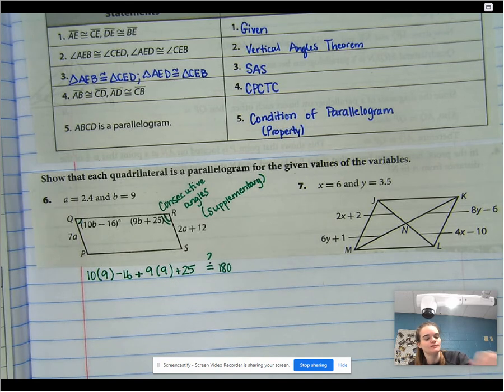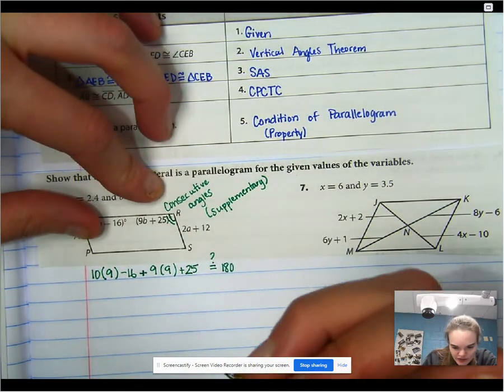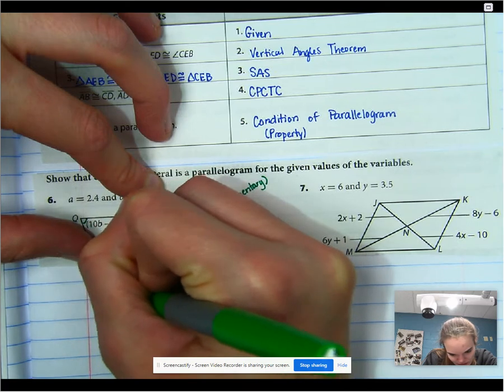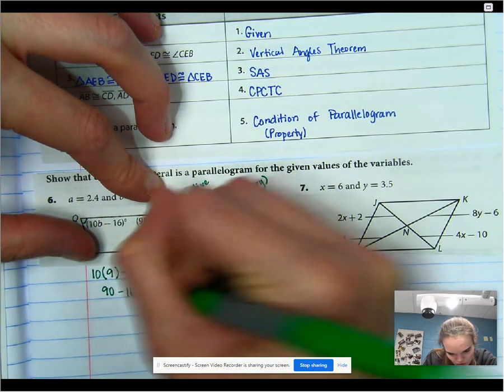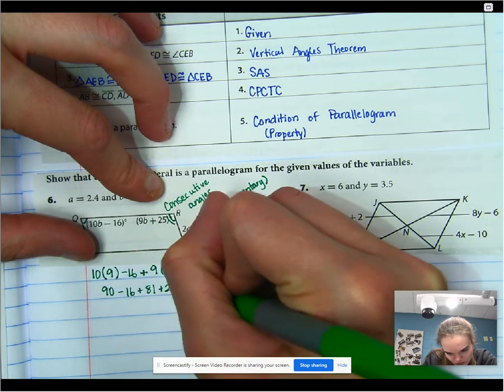Remember, it's either both opposite sides, both opposite angles, or a mixture of one opposite side and one opposite angle or a consecutive angle supplementary. So let's see, we've got 90 minus 16 plus 81 plus 25. Does that equal 180?